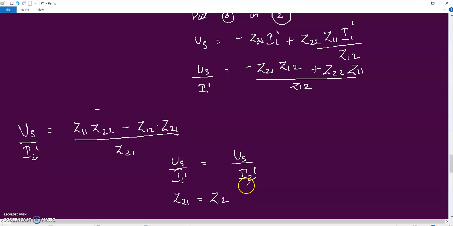We have found Vs by I1 dash and Vs by I2 dash separately, and we got two equations, almost similar but not equal, with different denominators. So, for a system to be reciprocal, the condition is Z21 should be equal to Z12. This is the condition for a system to be reciprocal.